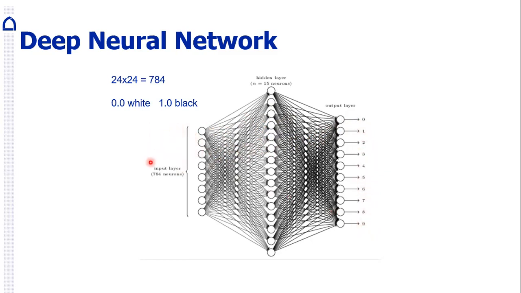So if, for example, we input an image to this deep neural network, it can decide exactly which number is written on the image. It can say this image is 2 or 3 or 4, whatever. So as you see, it is very intensive.